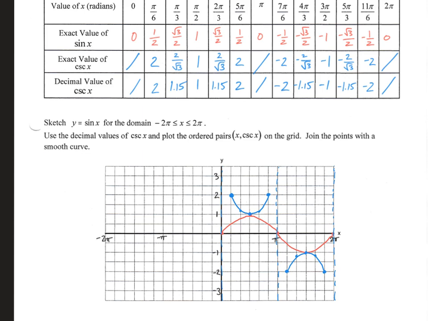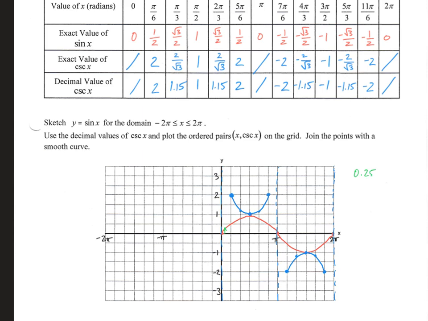Notice that at this first point on our red graph, we have a very small y-coordinate. Let's even say, estimate it, that it would be about 0.25.